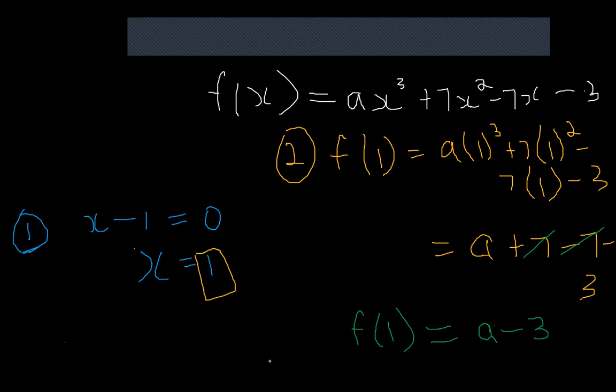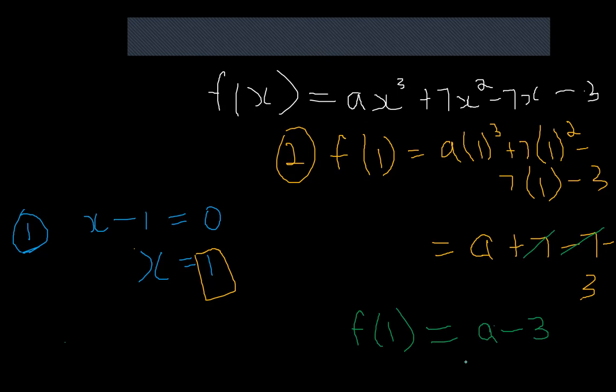Yes, miss. Unlike the other questions where we got a real number, this one has a in it, and you'll know why it has a in it when we do the other part of the question, but not yet. We aren't ready for the other part of the question yet.